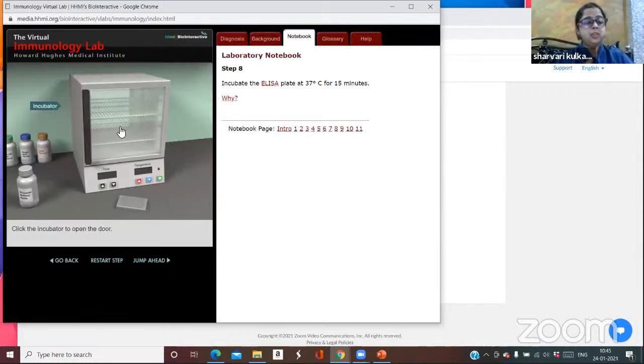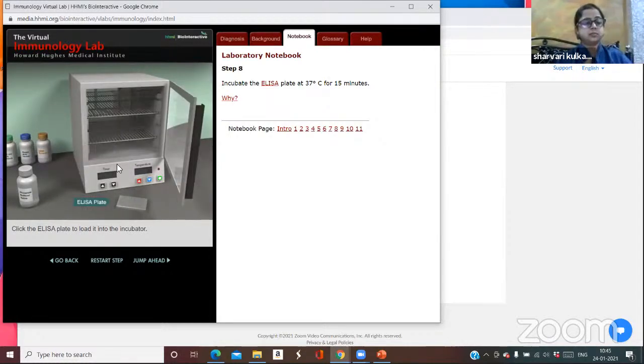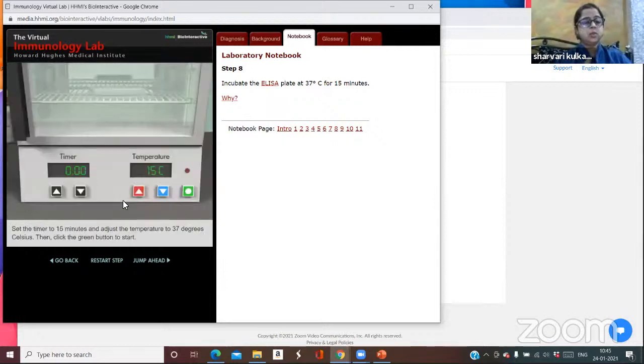Again, we are going to carry it to the incubator. Load it. Set the timer for 15 minutes. Adjust the temperature to 37 degree. Green button.